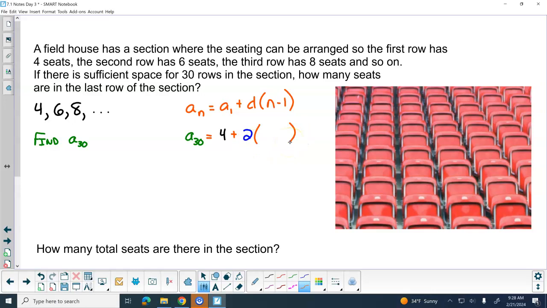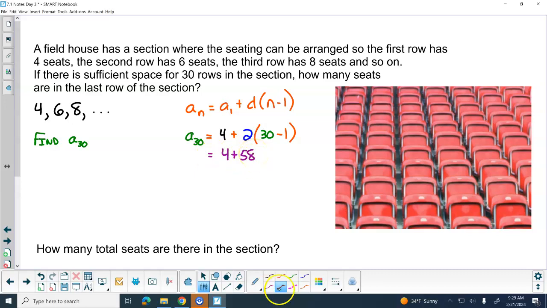What's n if I'm looking for the 30th term? 30 minus 1. 30 minus 1 is 29. 29 times 2 is 58. 4 plus 58 is 62.